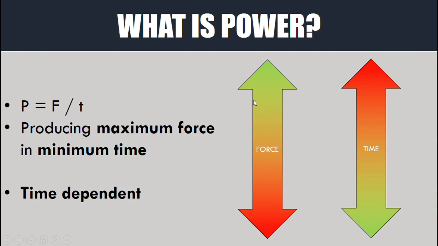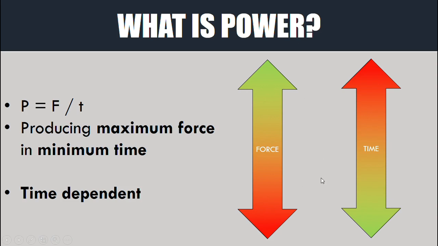So they have about a second to produce as much force as possible in order to launch the ball as far as possible. Whereas a sprinter, when sprinting at maximum speed, only has a fraction of a second each time their foot hits the ground to produce force. So it's not that they are trying to minimize the time, it's that the exercise is going to determine the amount of time, and they just need to produce as much force as possible within that time frame.